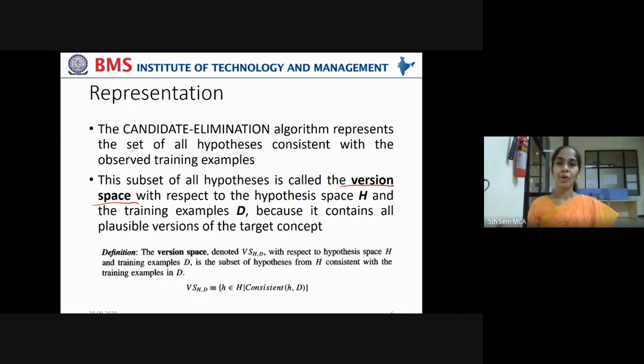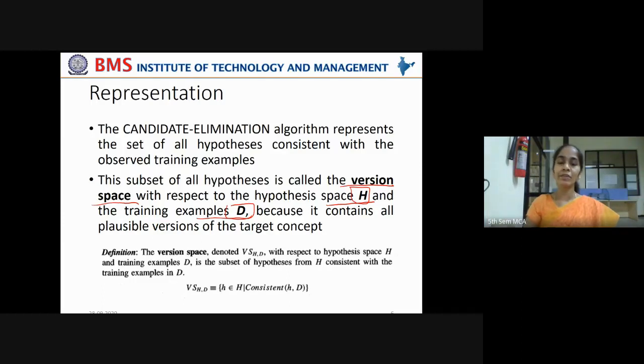Understand this clearly. Whenever you write all the hypotheses possible for a training example set, that set is called the version space. This subset of all hypotheses is called the version space with respect to the hypothesis space H and training examples D. These two terms are very important. We define a version space with respect to the hypothesis space H and the training examples D because it contains all plausible versions of the target concept.